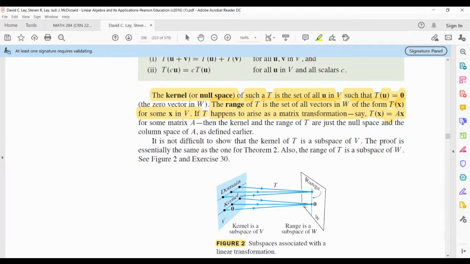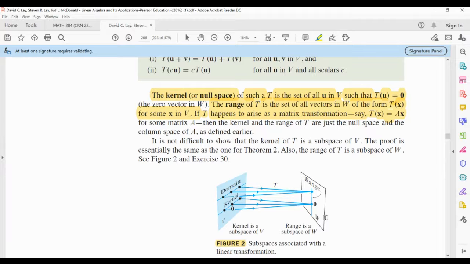All those vectors get mapped to the zero vector, and the transformation maps vectors in the domain to the range.